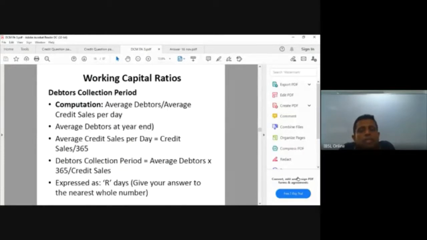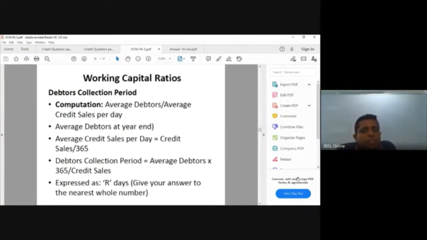Similarly, if you go to the next ratio, that is debtors collection period. Here also, I'll go to the calculation. Debtors collection period equals average debtors divided by credit sales, into 365.